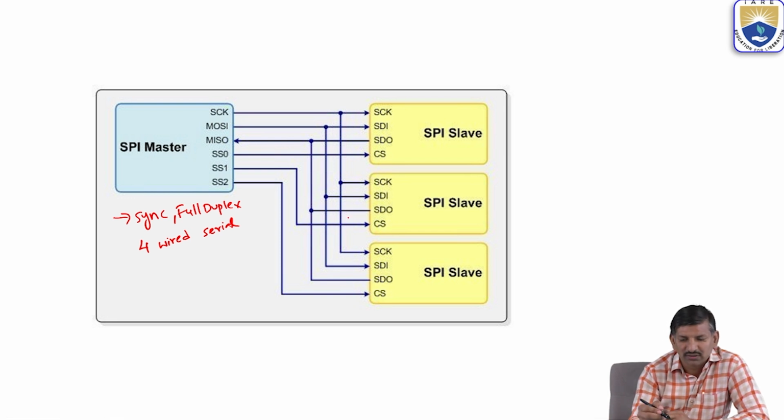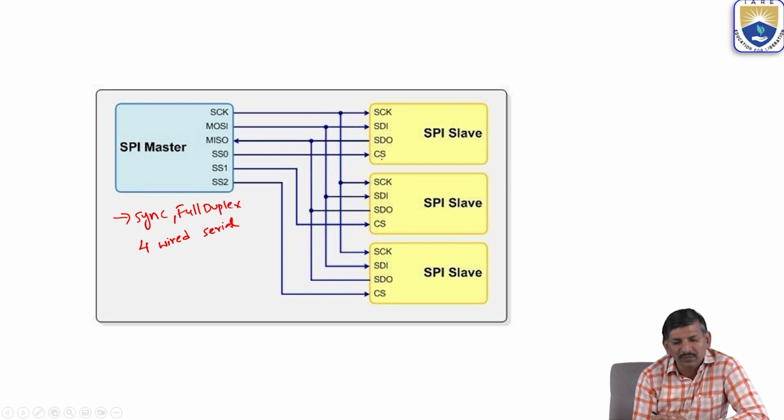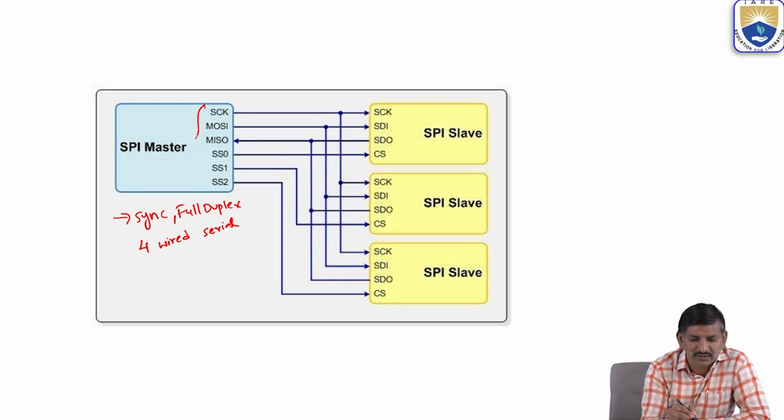It has 4 wires: serial clock line, serial data input, serial data output, and chip select. These are the 4 lines.